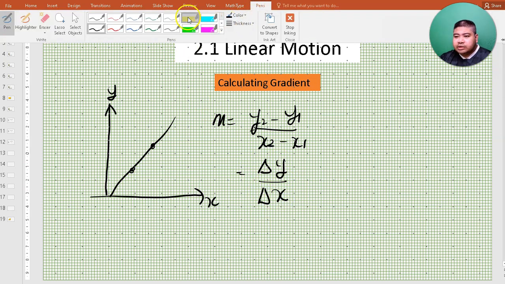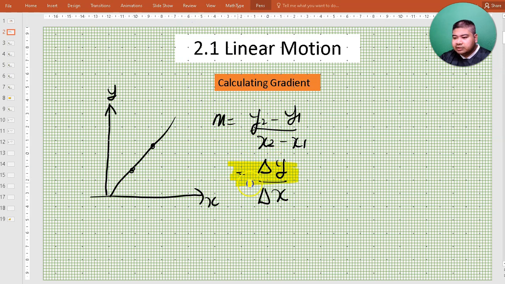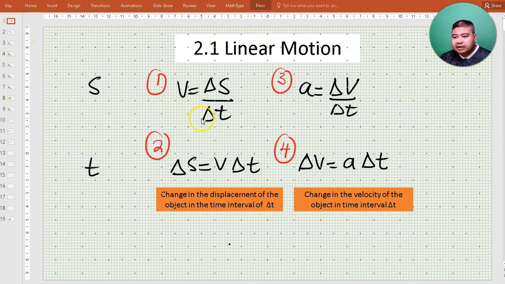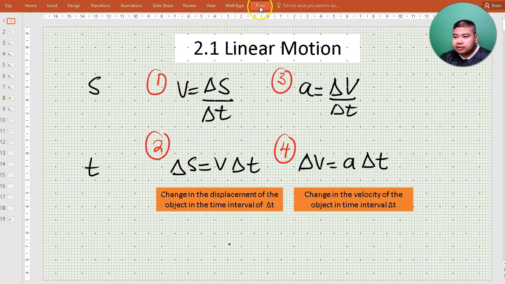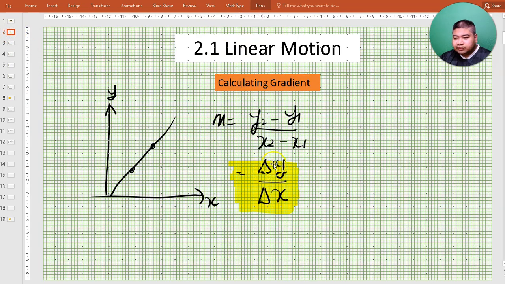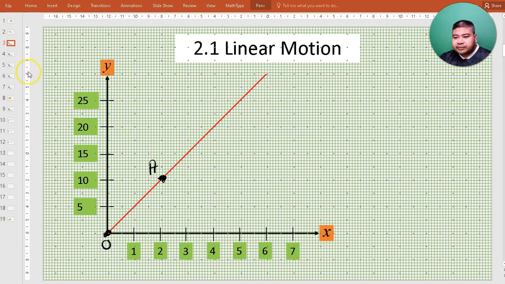If you look at the equation here, delta y over delta x, it is very similar to the equation that we have previously here. I'm going to highlight it using the yellow highlighter. So it has some similarities with the equation 1 and equation 3. See? So delta y over delta x, so the y-axis and the x-axis, alright? Okay, so this is the graph.